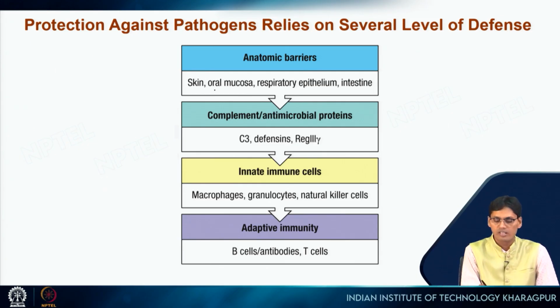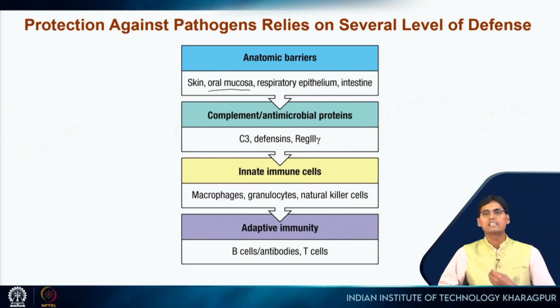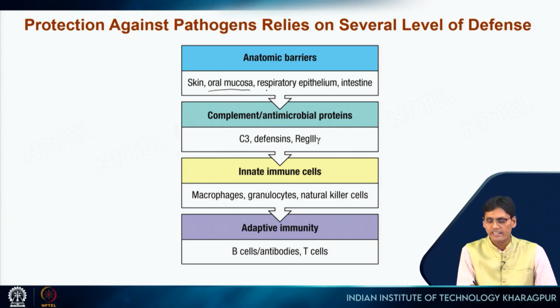Then the oral mucosa: in our oral cavity as well as intestine, everywhere in the inner lining we have a mucus layer, and in this layer we have immune cells and antimicrobial peptides. The respiratory epithelium and intestinal epithelial layer are also part of our anatomic barrier, helping us.